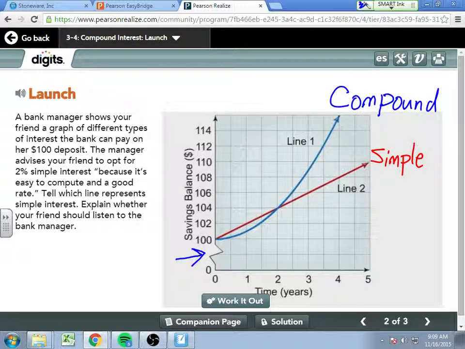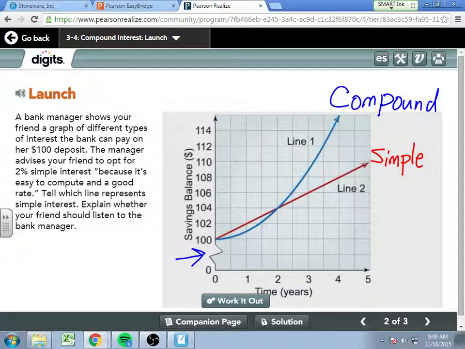Now here's what compound interest really does, and this is why I like to start with the graph. You make more money faster the longer the account has been open. So if you put money into an account with compound interest, then the first year you might make $2, but the next year you're going to make interest off the $102, not just interest off the initial principal.